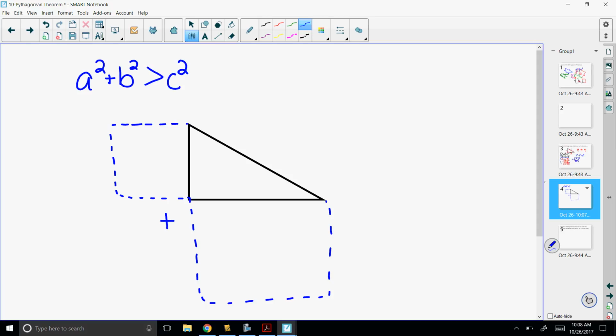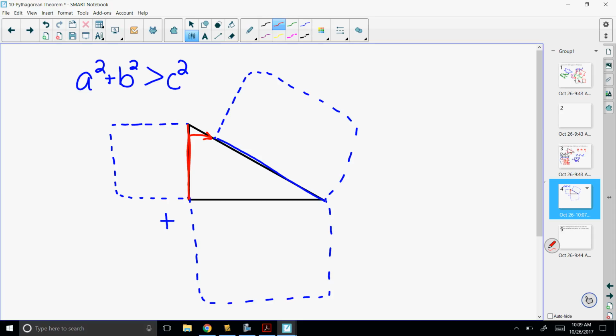What does that mean about the square that comes off of that hypotenuse? Smaller, right? This has to be smaller. So in order for the square to be smaller and have a smaller value, this hypotenuse cannot be as long, correct? So in order to create a triangle, in order to take this leg right here and create a triangle, I'm going to have to move this in that way, right?